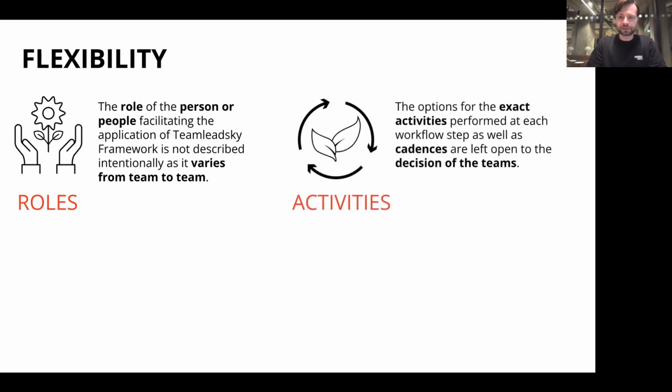As well, the activities and cadences are totally open. You can decide how often you want to review your ideal state and current state, and also how exactly you are going to define your ideal state or current state. That's also up to you. And I would say that liberating structures, game storming, and of course your imagination are your best friends here.